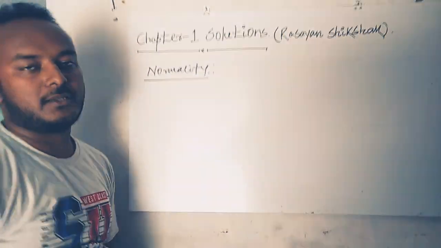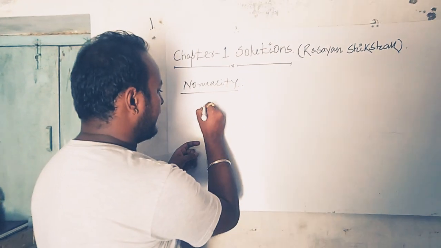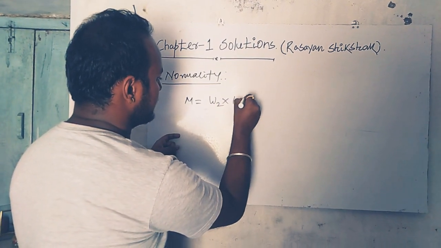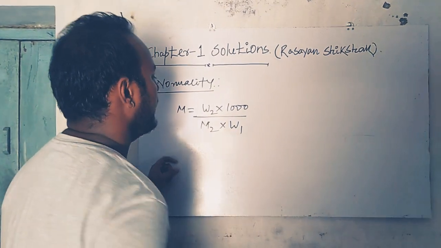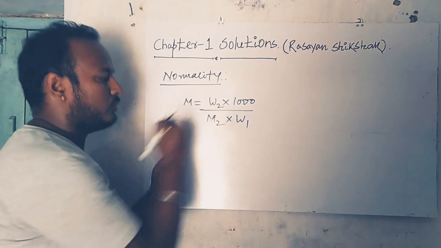Now what is normality? As in case of molarity, the formula was written as W2 into 1000 by M2 into W1. Everything is same except this M2.